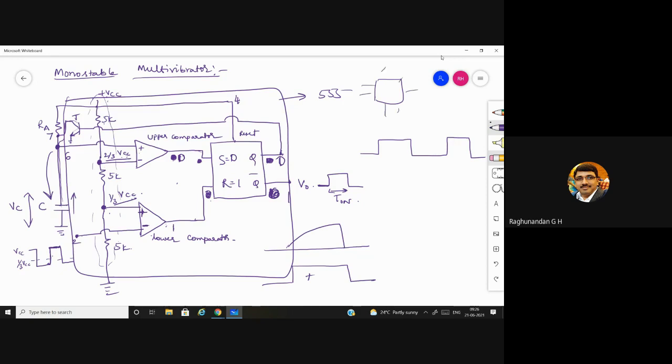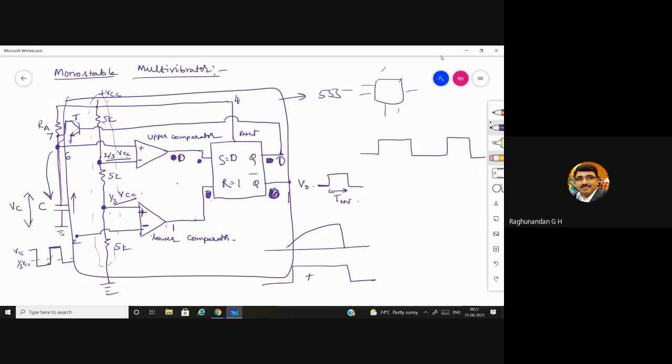So that we will see in the next class. Along with that, we have a derivation, which is very important. Based on this, we have different applications like frequency divider, missing pulse detector, and all that we need to study. After that, we will study the astable multivibrator and its application.